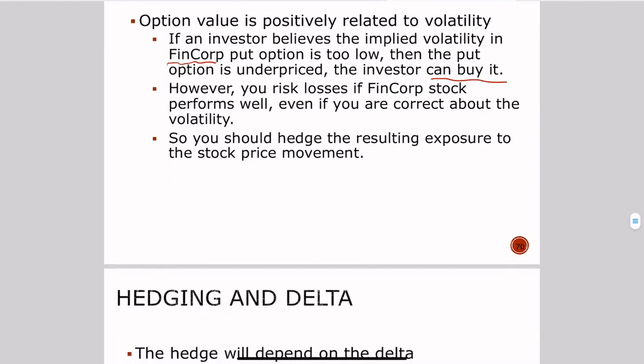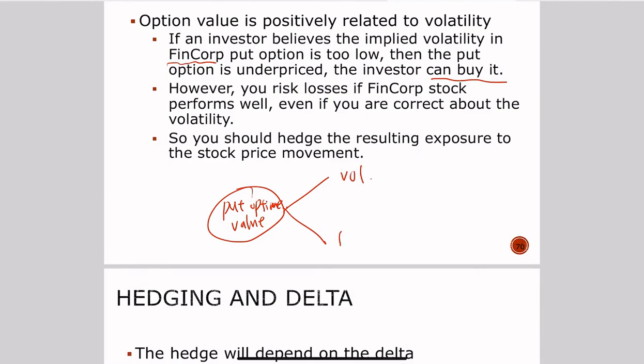Well, you will want to hedge your exposure to the share price movement. So basically, you can think about this process as this simple diagram. So you're looking at this put option value, right? You're taking a long position, so you want this put option to increase in its price. But let's say there are two factors which could affect your put options value. The first is volatility.